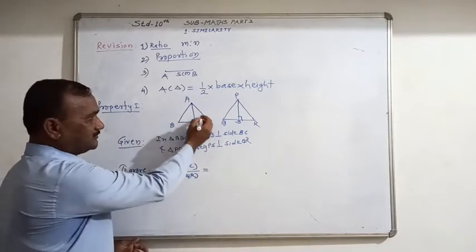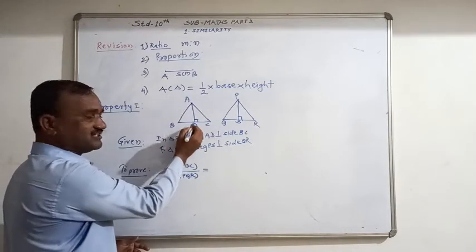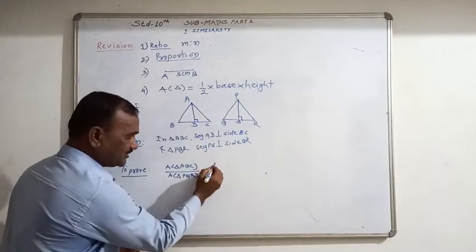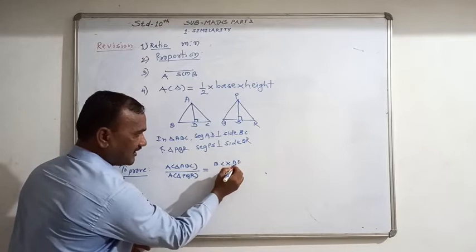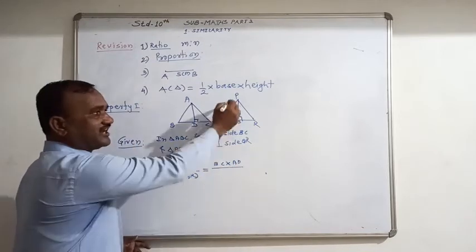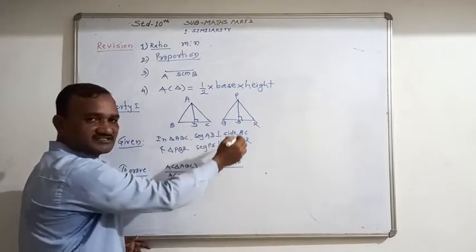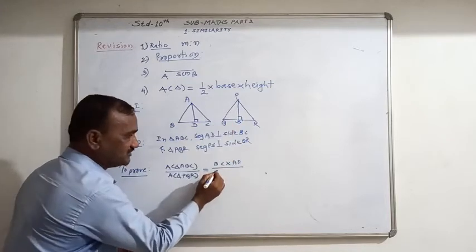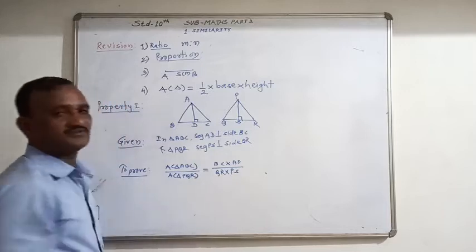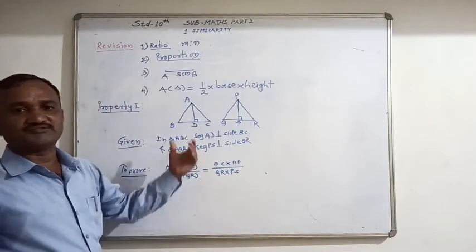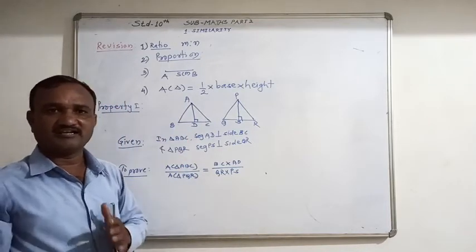In triangle ABC, BC is the base and AD is the height, so the product is BC into AD, divided by: in triangle PQR, QR is the base and PS is the height, the product of these two, QR into PS. We have to prove this by using the formula to find the area of a triangle.